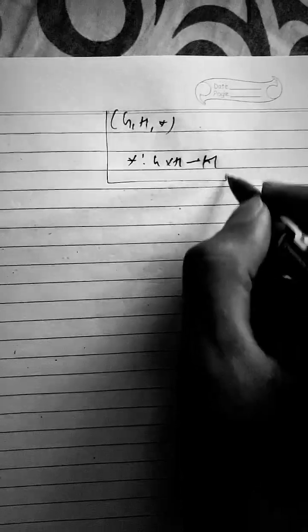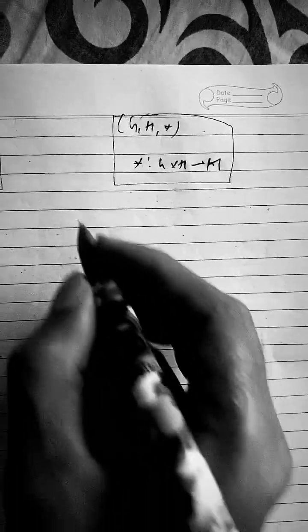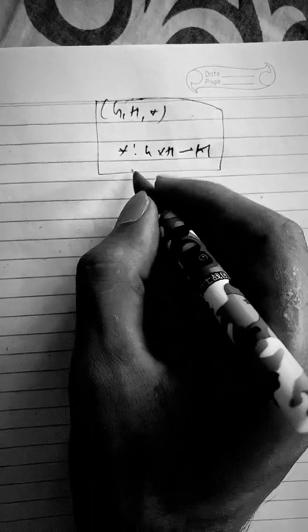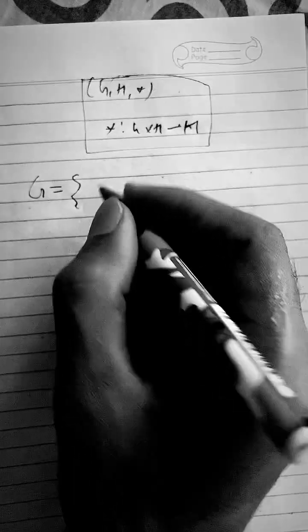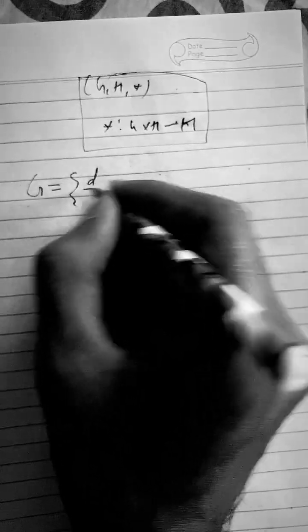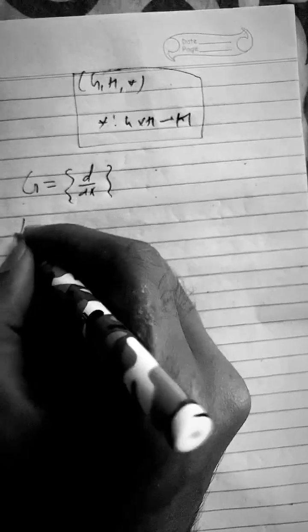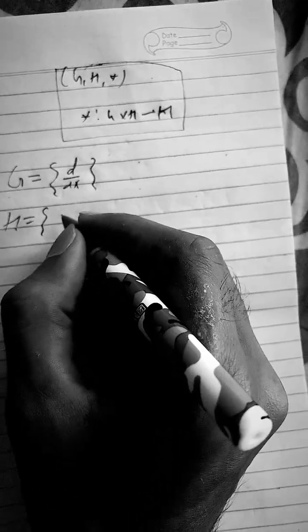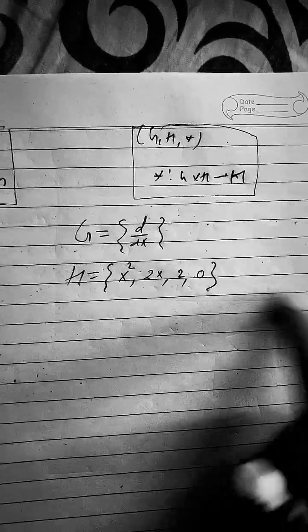With this example, we can see if it satisfies other axioms. Maybe we can define a set G as a set of some operators. So let's say we have some operator dy dx. Let's say H is another set.